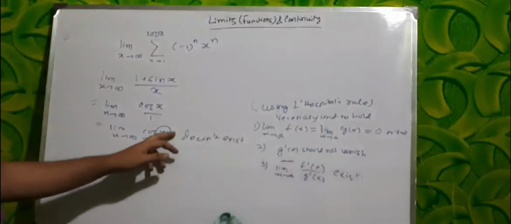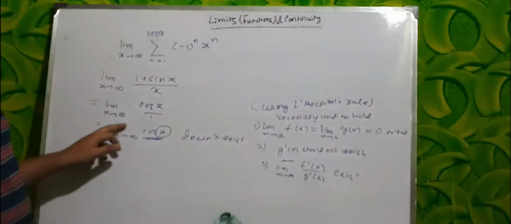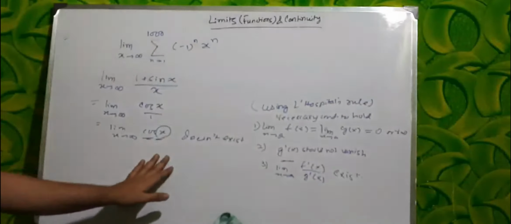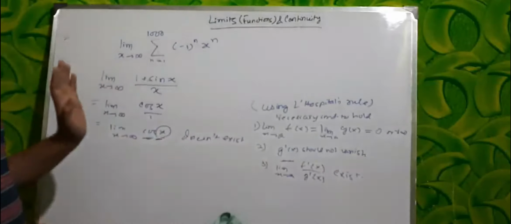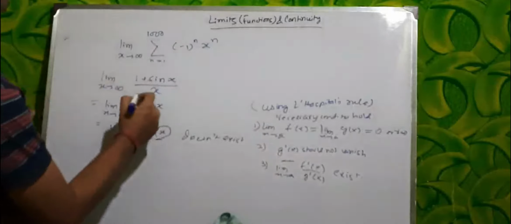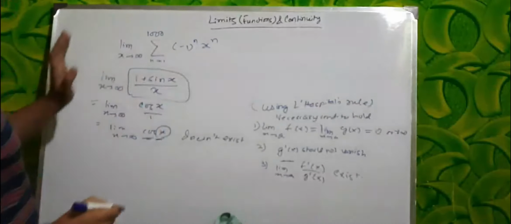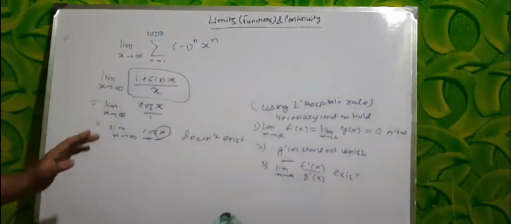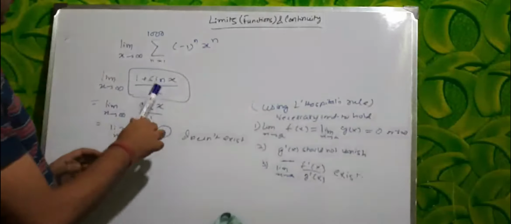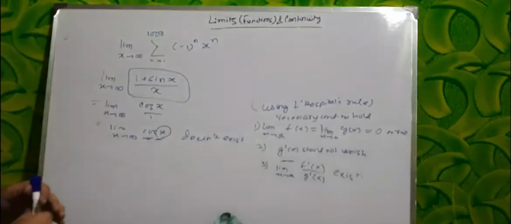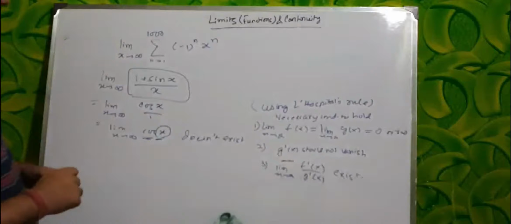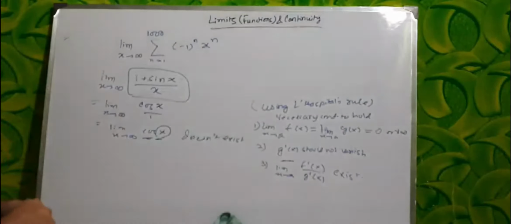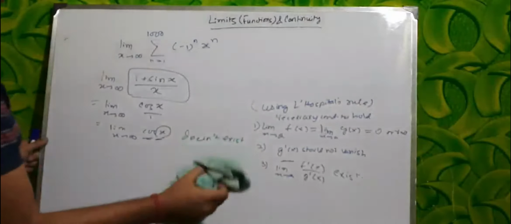There isn't any finite value to this, or even an infinite value. So we can say this limit doesn't exist, because cos x is an oscillating function. But is that true? Does it really hold? What do you think? No, this is actually wrong.